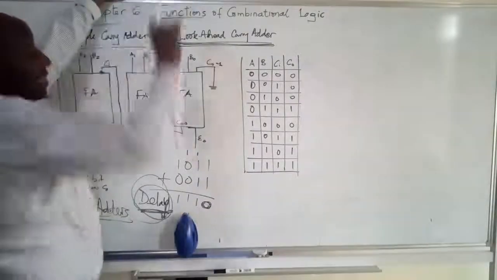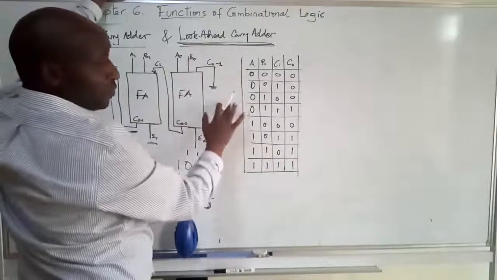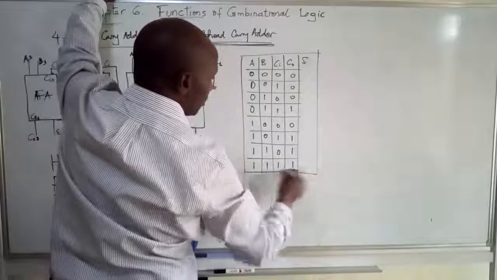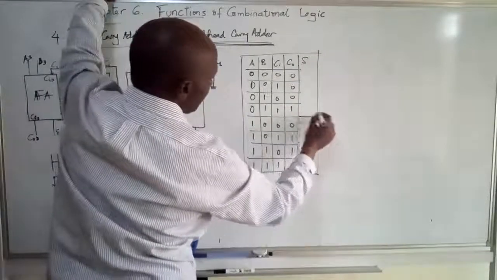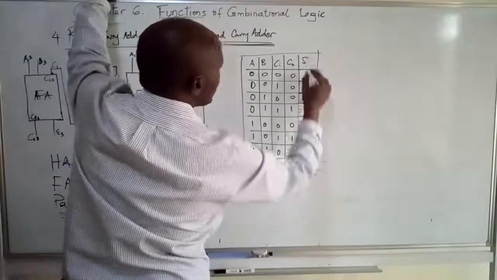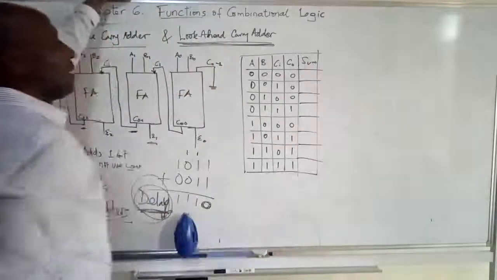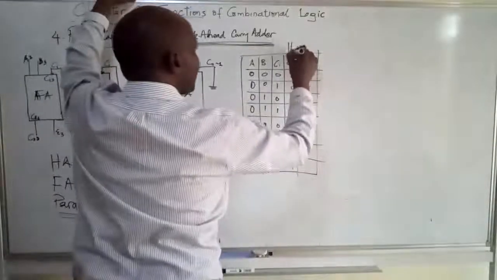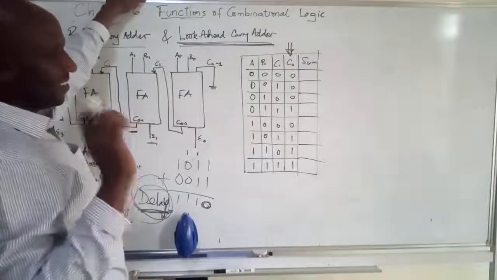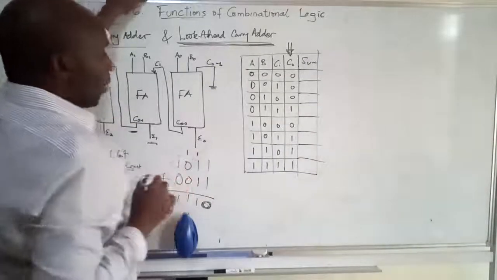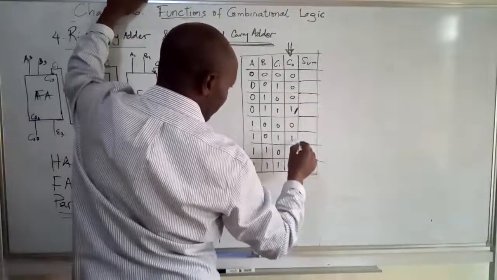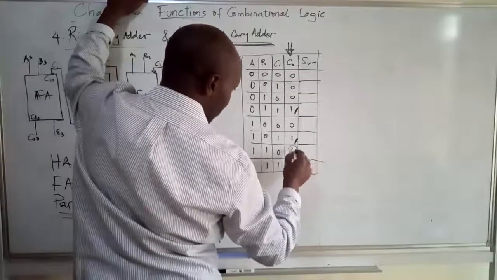As you have seen, come back to the truth table of the full adder. If you want, you can also use the sum, but we are more interested in the carry out now. Where is 1? Yeah, the carry out is 1. Can you see there?